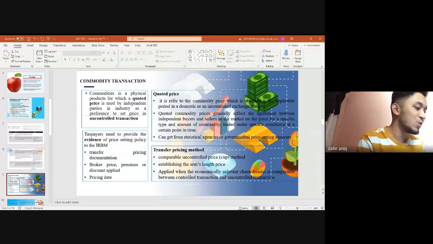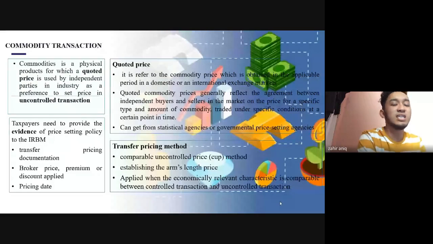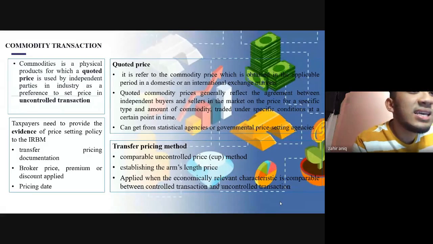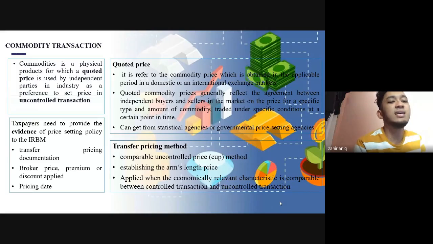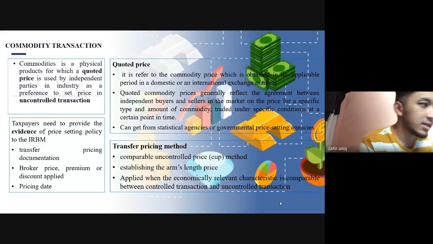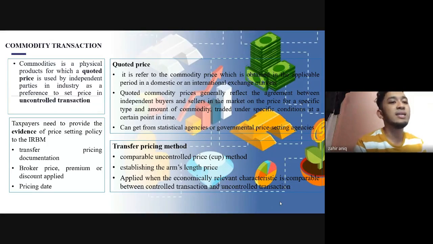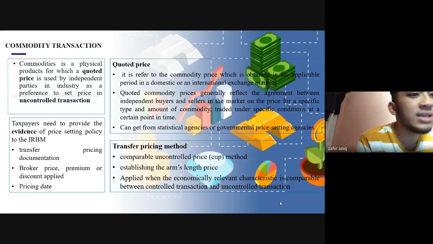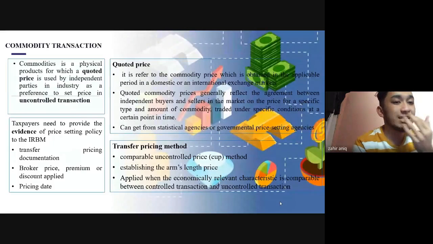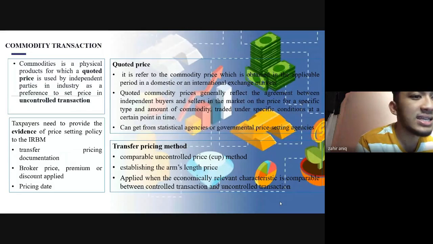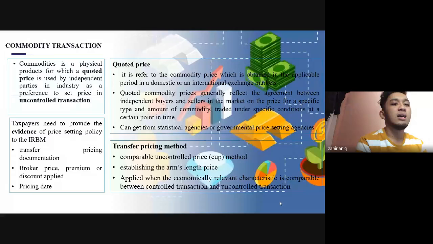I will continue with two types of special transactions in transfer pricing. The first one is commodity transaction. As stated in the public ruling, transfer pricing guideline, a commodity is a physical product for which a quoted price is used by independent parties in the industry as a reference to set price in uncontrolled transactions.